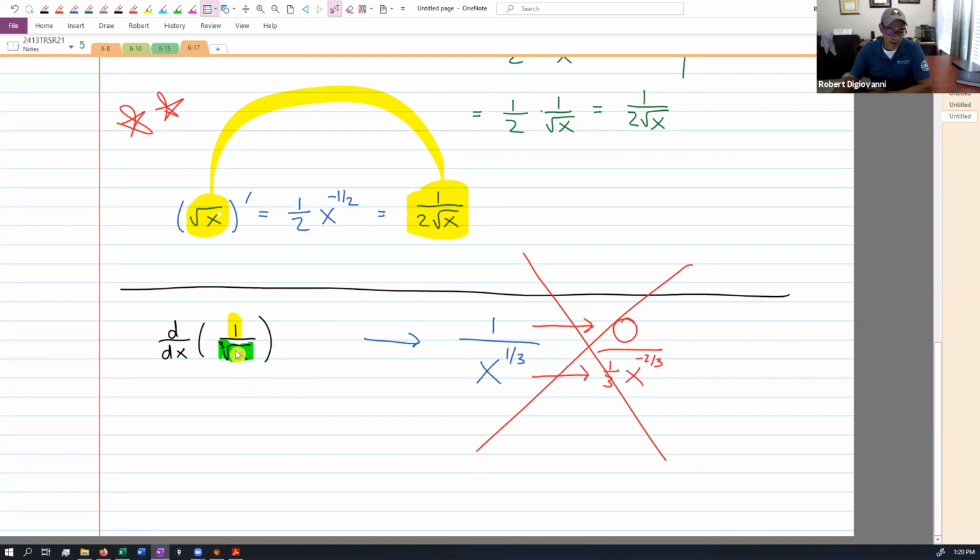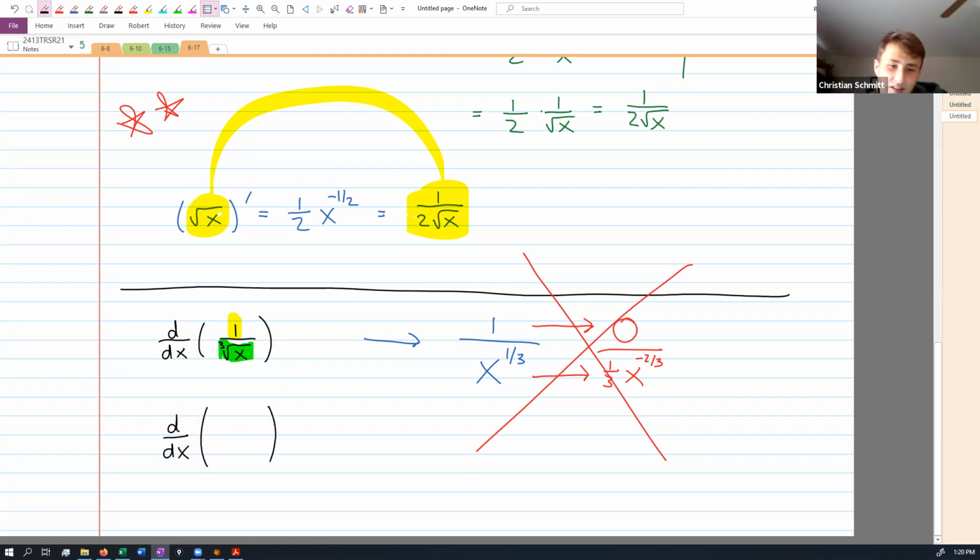So, Christian, if we cannot look at this as a fraction and do top and bottom, is there any way you can make that look like just x to a power? We could sort of try the process in reverse that we did on the previous one. Okay, so you're saying, yes, write it as x to the 1/3 on the bottom, right? But then what?